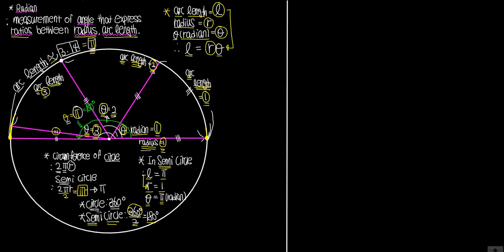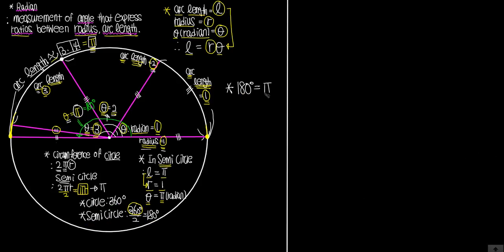The reason is that we already know the circle's central angle is 360 degrees. That means the semicircle's central angle will be 360 degrees divided by 2, which is 180 degrees. So we can make a conclusion or formula where 180 degrees, the central angle for our semicircle, is pi in terms of radians. And this is the standard formula that gives the relationship between degrees and radians in our unit circle or trigonometric functions.